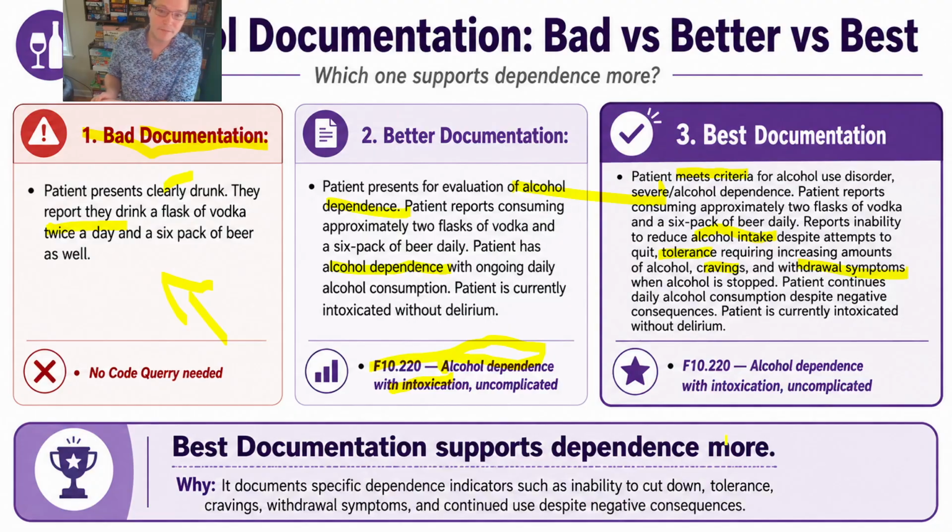So the best documentation supports dependency, the one at the bottom here. Why? It's because the documentation specifies dependency indicators, such as inability to cut it down, tolerance, craving, withdrawal symptoms, and continued use despite negative consequences.